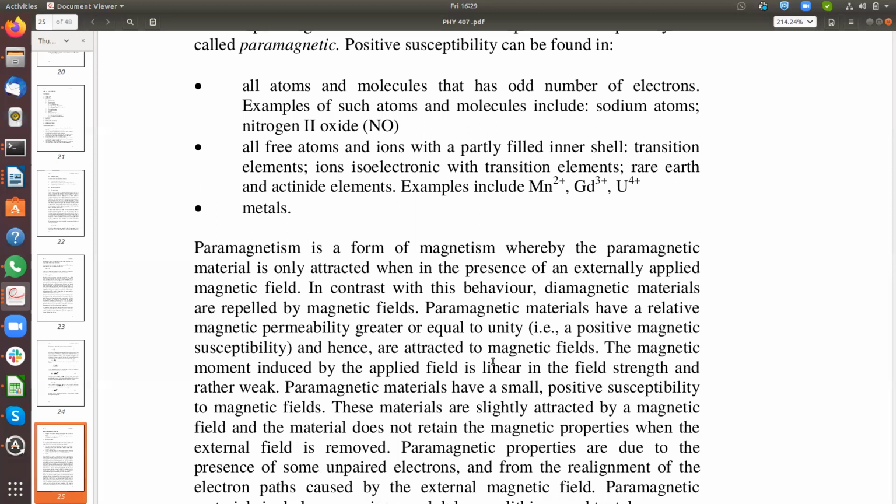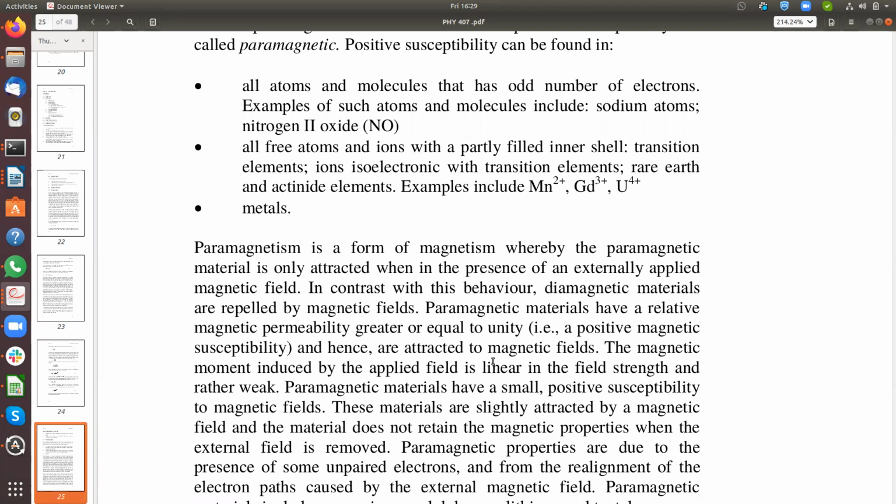In contrast with this behavior, diamagnetic materials are repelled. In the case of paramagnetism, they are attracted. But in the case of diamagnetism, they repel when they are inside a magnetic field. For paramagnetism, once they are inside an applied magnetic field, they attract each other.